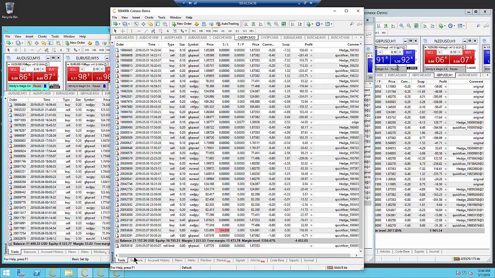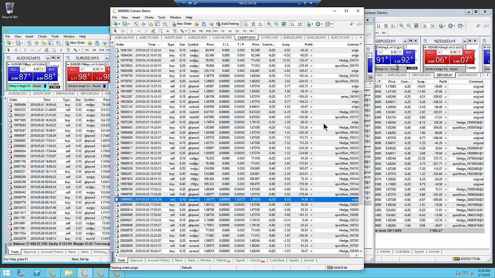And what will happen is as the prices in the Forex market move back and forth, a lot of these hedges and quick fixers will close off and go away. And then eventually what happens is the price moves back to the original trades, and they will close also for a profit.